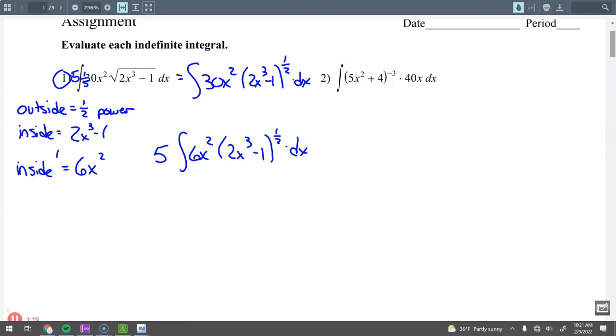I just split it up. Now I have what I'm looking for: the little guy, the big guy, and the little guy prime. If you have that, you're good to go. The 5 is going to hang out here. Your job is to integrate the big guy. The big guy's the power. How do I integrate a power?